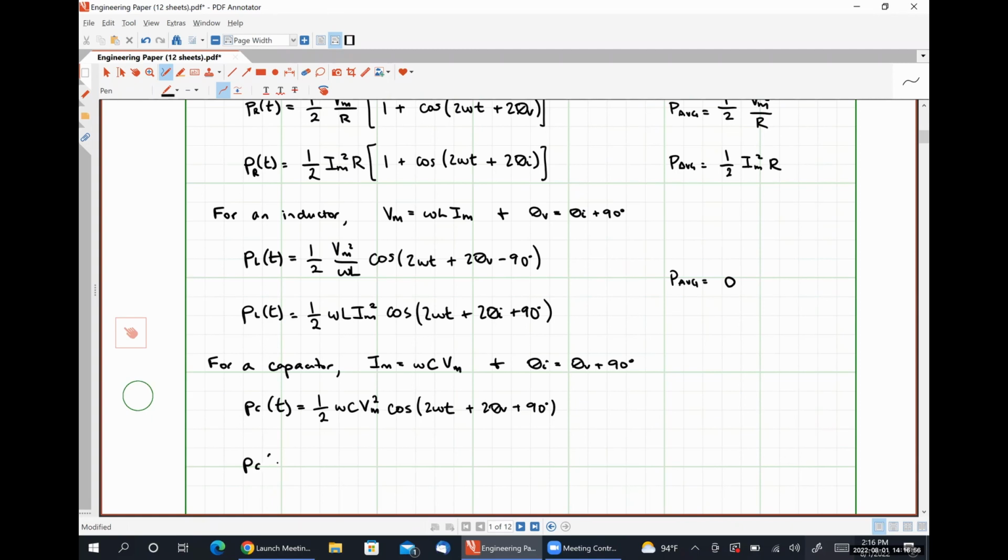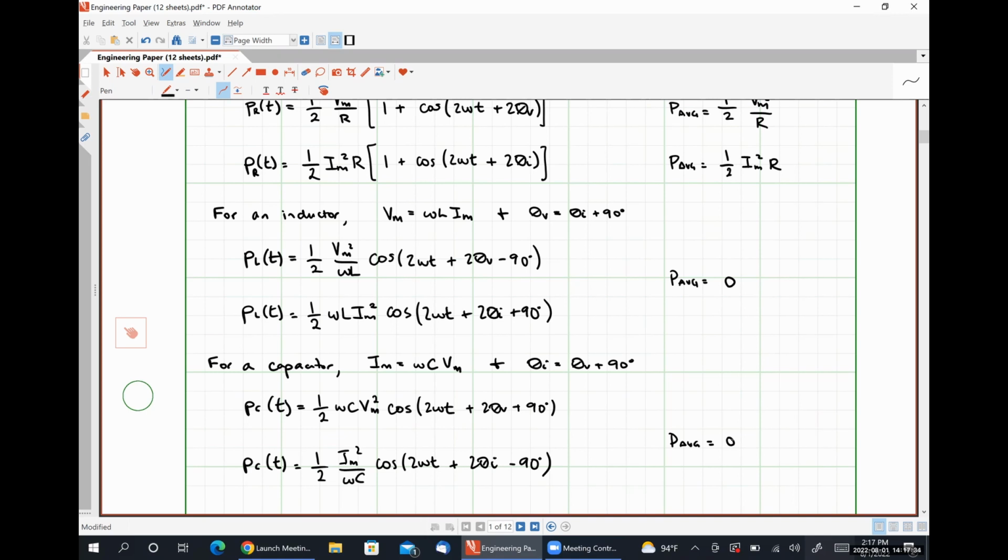And expressed in terms of our current, this is going to look like 1/2 Im squared over omega C times the cosine of twice omega t plus twice theta I minus 90 degrees. All right, and our average power here is also equal to 0.